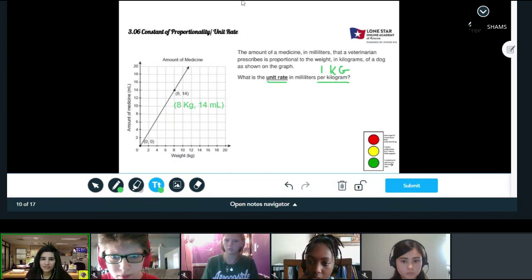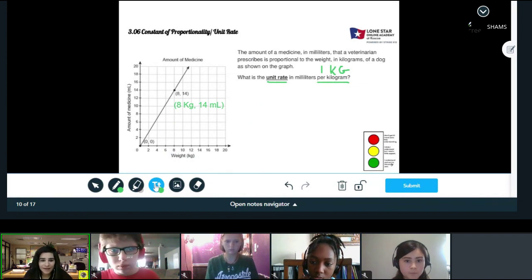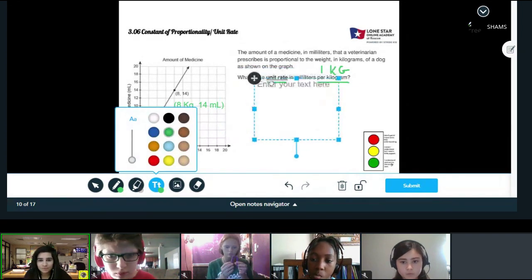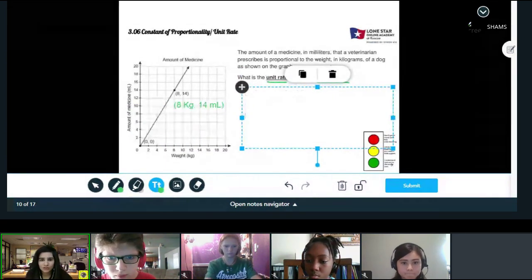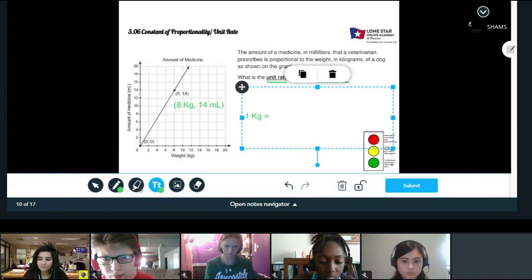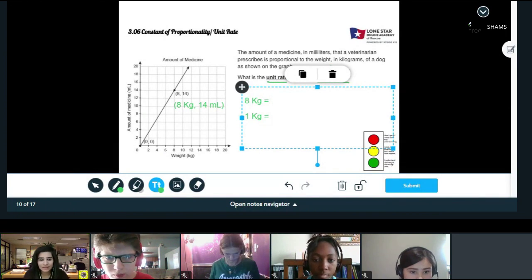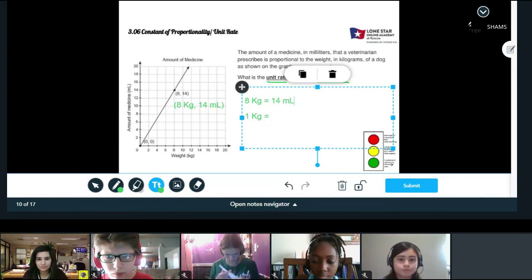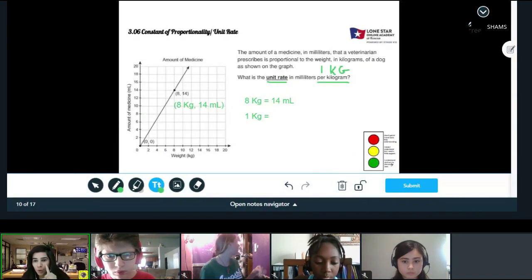That is how you read the point. Very good. Excellent. If I know this and I'm trying to solve this problem for unit rate, the question wants me to find for 1 kilogram. And I already know for 8 such kilograms, that is 14. Does it make it easy for me to find for 1?